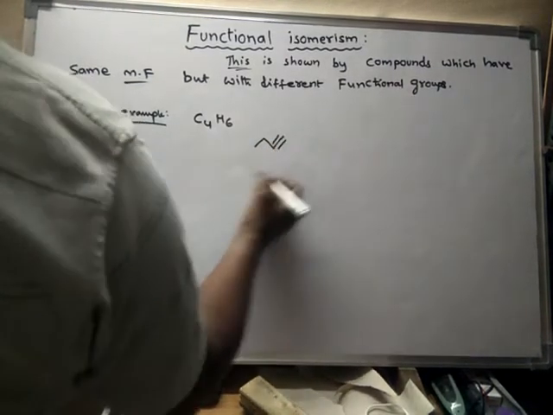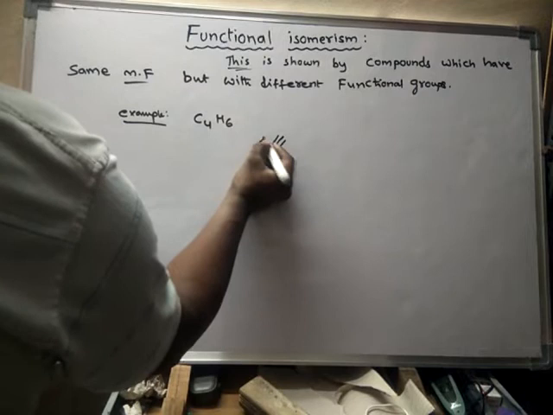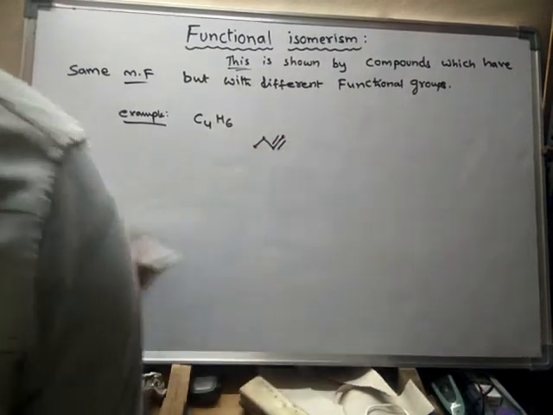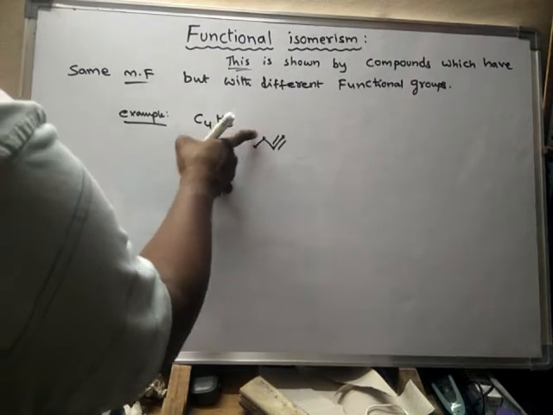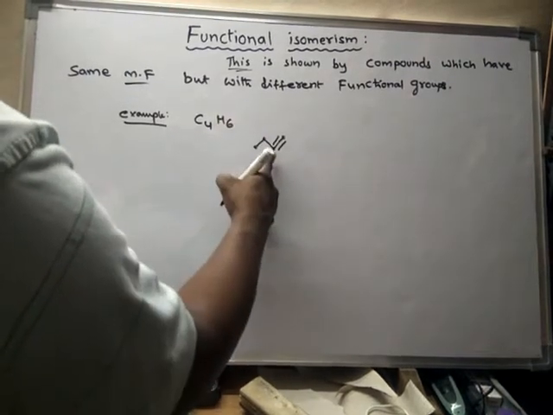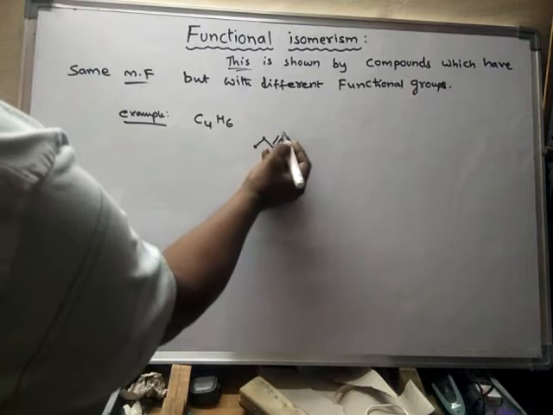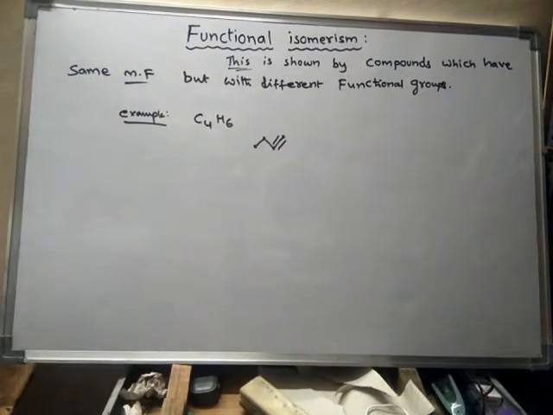This is a compound: 1, 2, 3, 4 carbons, and here 3 hydrogens, 2 hydrogens, and this carbon is having 1 hydrogen. So altogether 6 hydrogens.